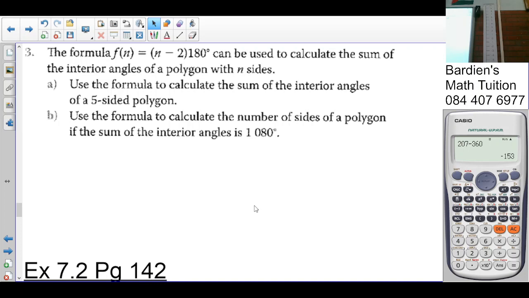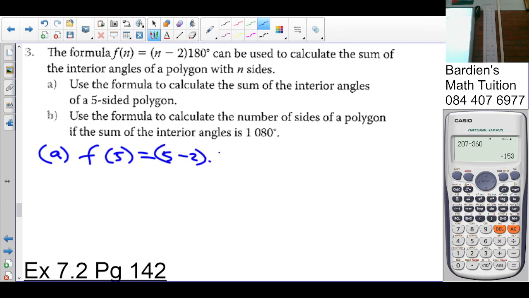So A, use the formula to calculate the sum of the interior angles of a 5-sided polygon. So n represents your sides, not so? If you've got a 5-sided polygon, f of 5 equals (5 minus 2) times 180.